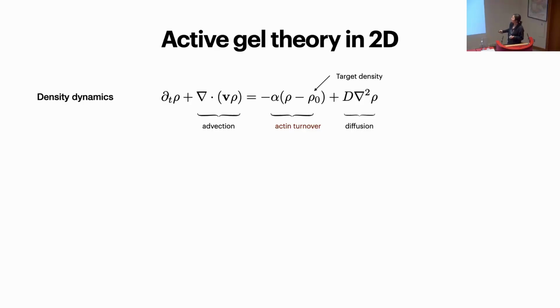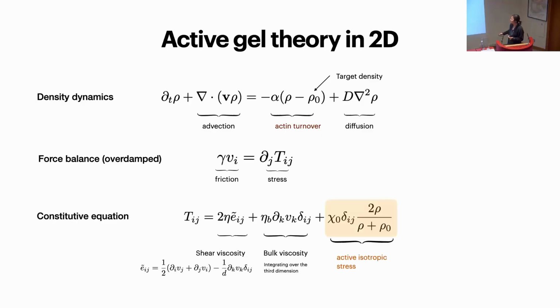But at the end of the day, what this term does is that it pulls the actin density towards a certain target density. And then lastly, we have diffusion, which is just needed if you don't want your simulations to blow up. And then we have the force balance equation, which says friction is equal to the differences in stress. And then lastly, we need the constitutive equation, which relates the stress to the other variables in the system.